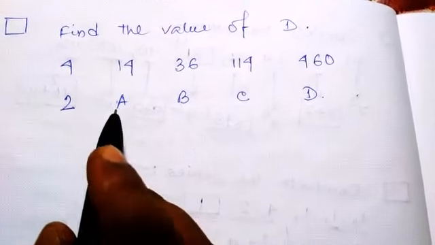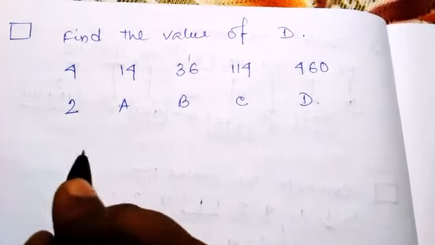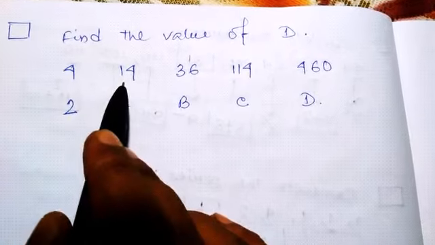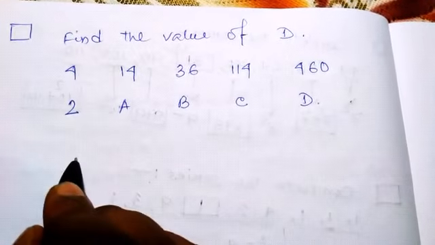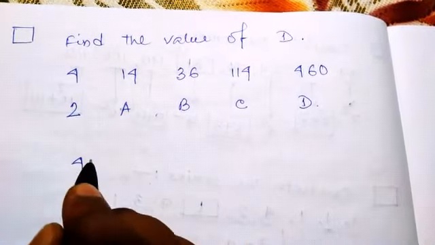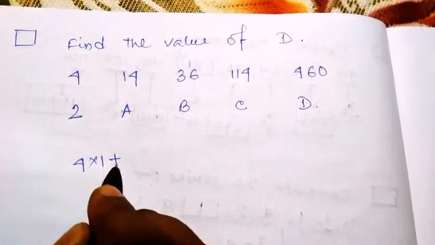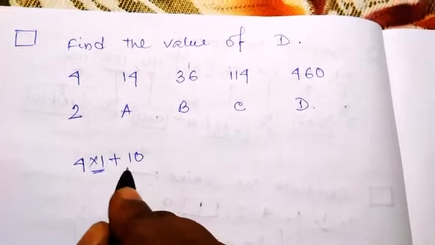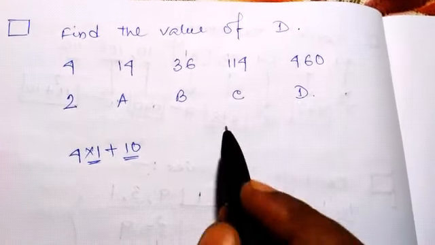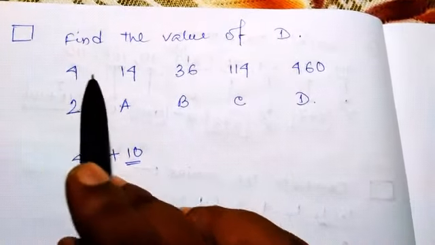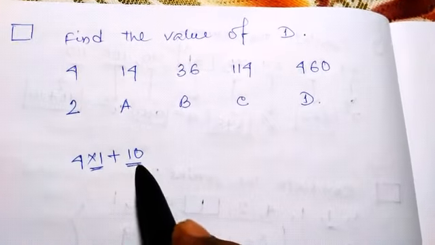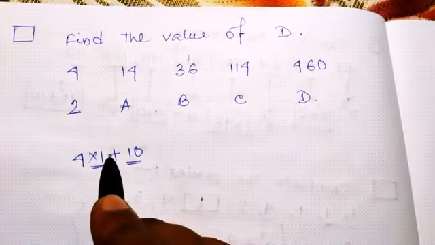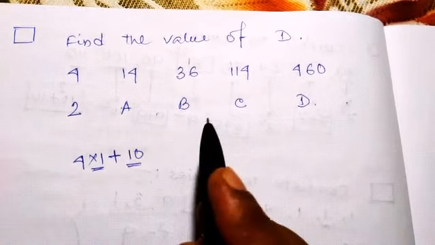Here it is very clear that it has been got from 4 by multiplying by 1 and adding 10.